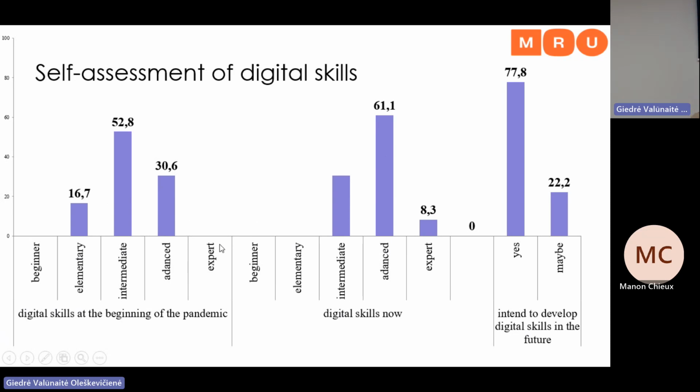Expert teachers did not exist in the pre-pandemic period, but 8.3% of teachers now said that they are experts. And this is 77.8% of optimistic and positive intentions in further development of their digital skills, and possibly 22.2%, which is also more on the optimistic side.